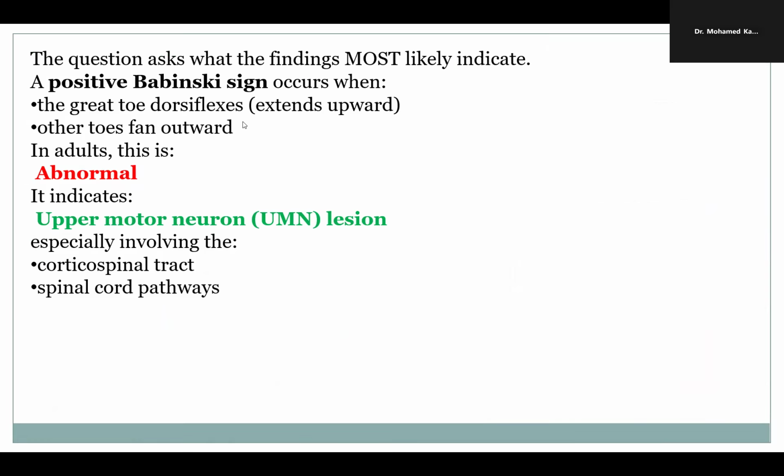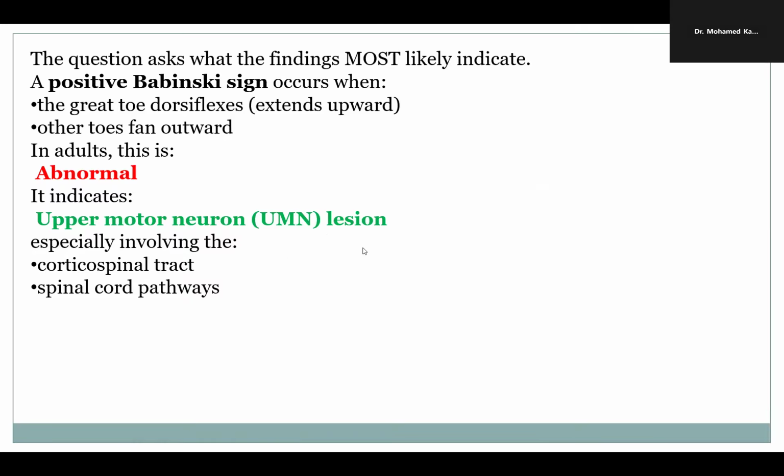So if the great toe dorsiflexes or extends upward and the other toes fan out, this is an abnormal response, and it would indicate an upper motor neuron lesion. We will differentiate between upper motor neuron lesion versus lower motor neuron lesion.